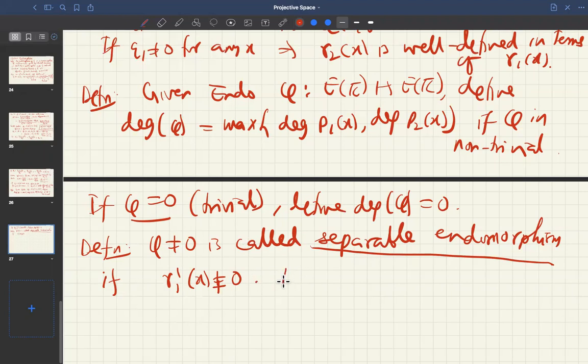So recall that R1 of x is P1 of x by Q1 of x. So this differentiation not being 0 means P1 and Q1 are not identically 0.